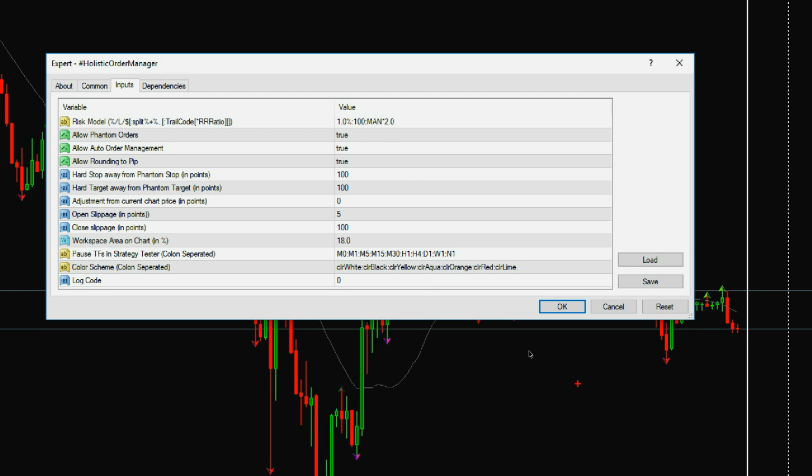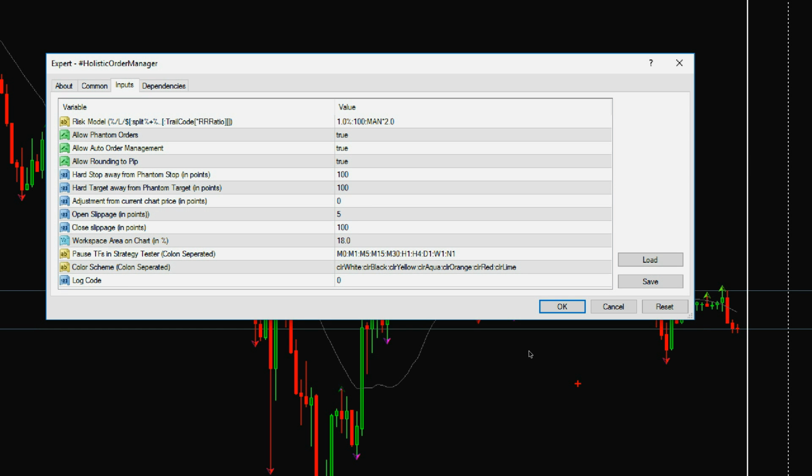First is the initial stop or trailing stop method code, and the second is the default reward ratio to the initial risk used for order entry. For example, this MAN star 2.0 means the default trailing stop method is manual and the default reward ratio to initial risk is 2.0.